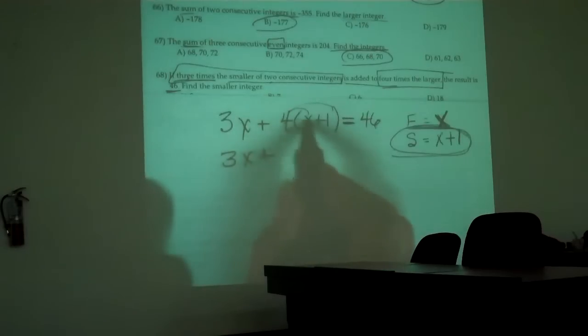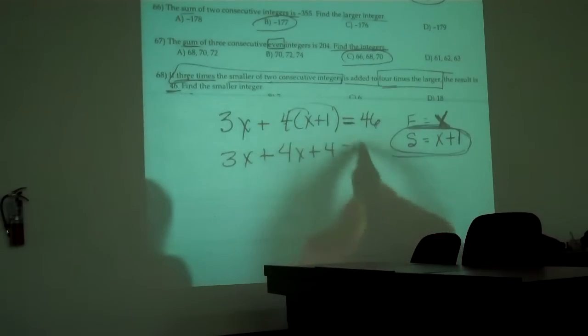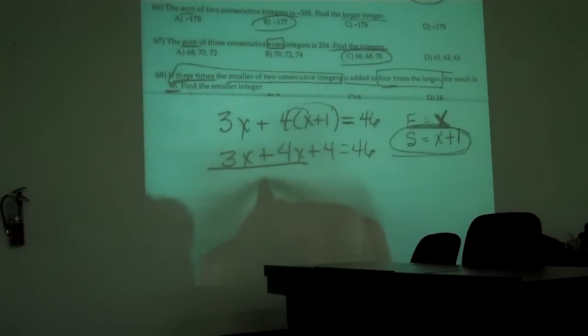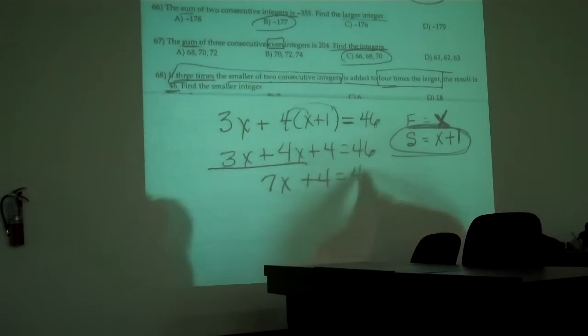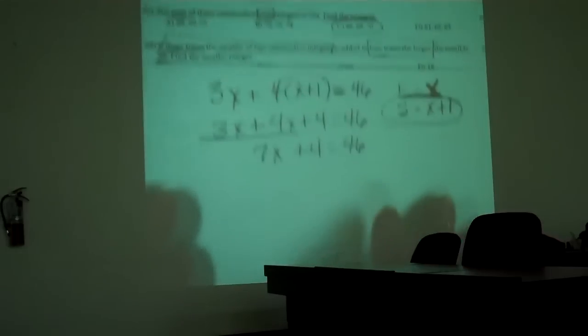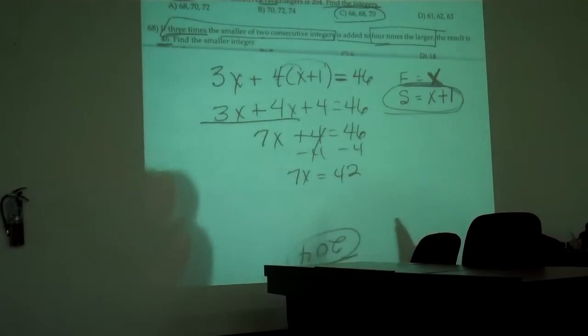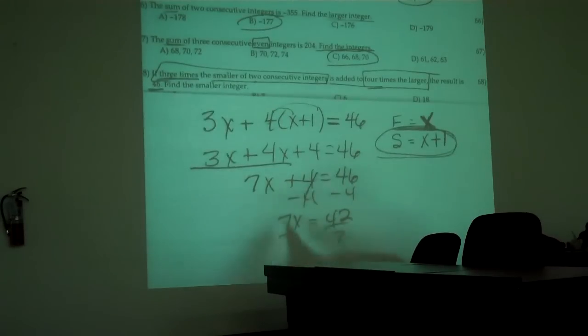3x plus 4x plus 4 equals 46. 3x plus 4x is 7x, plus 4 is 46. Minus 4 is 42. x equals 6, so divide by 7 is 6.